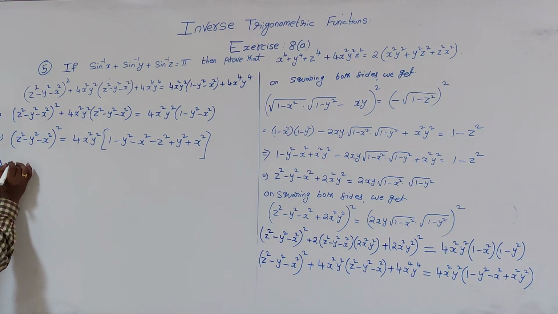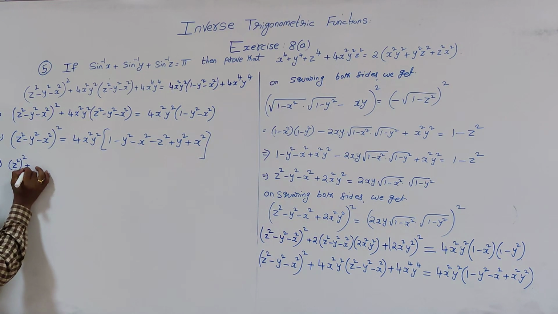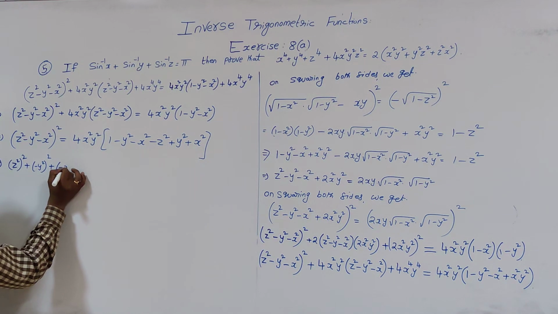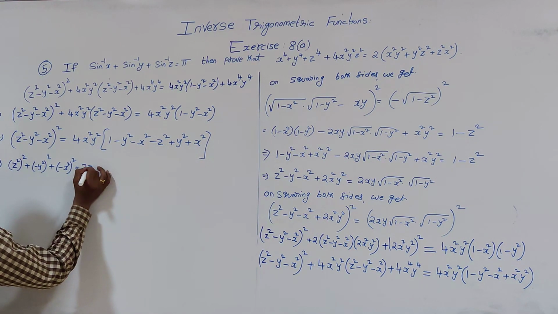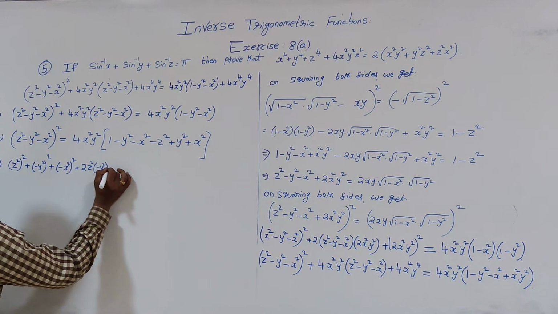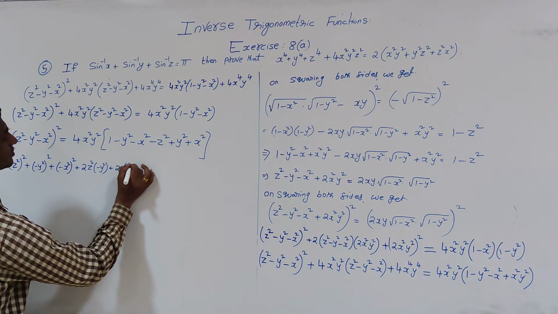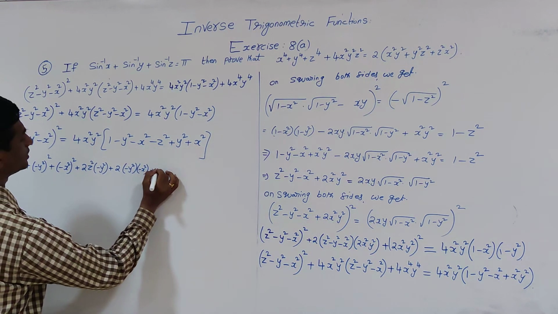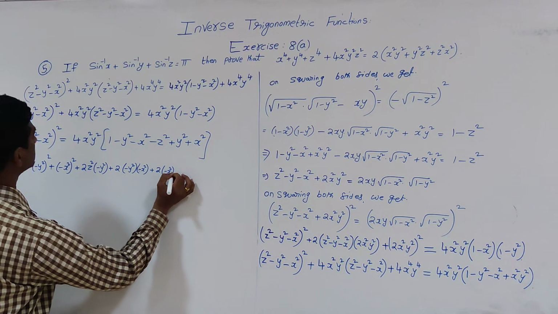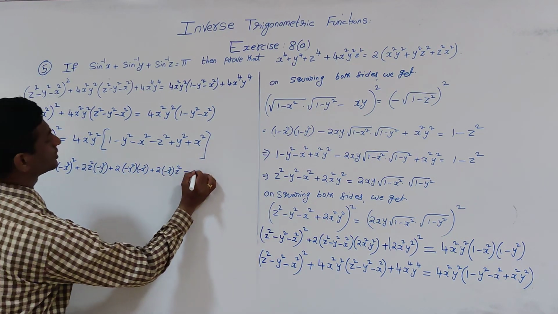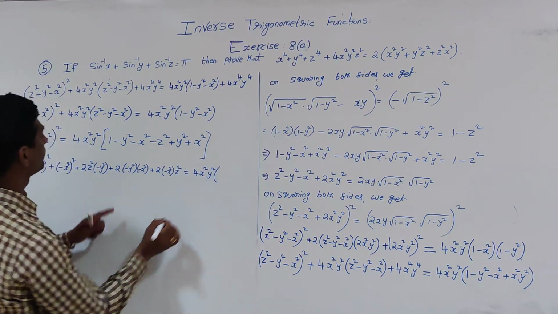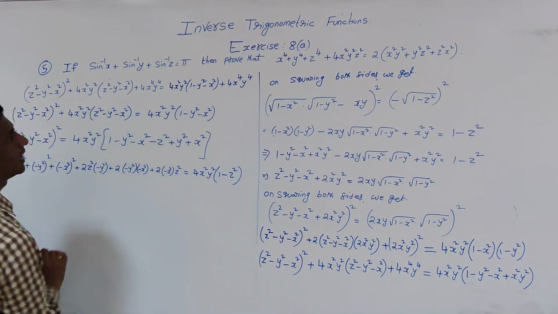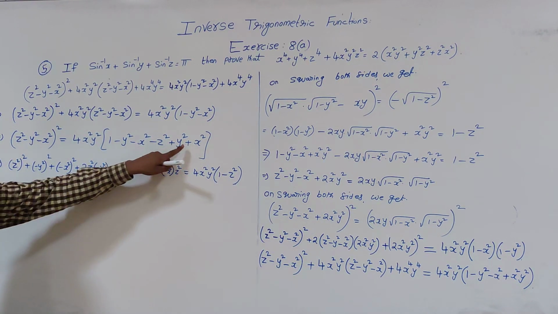So we can apply here: (z²)² + (−y²)² + (−x²)² + 2ab, 2z² times (−y²), plus 2bc, 2 times (−y²) into (−x²), plus 2ca, 2 times (−x²)(z²), is equal to 4x²y² times the term 1 − z², as −y² + y², −x² + x² get cancelled.